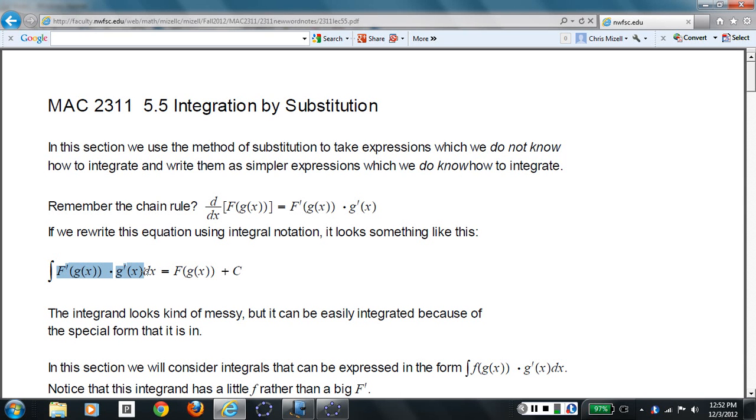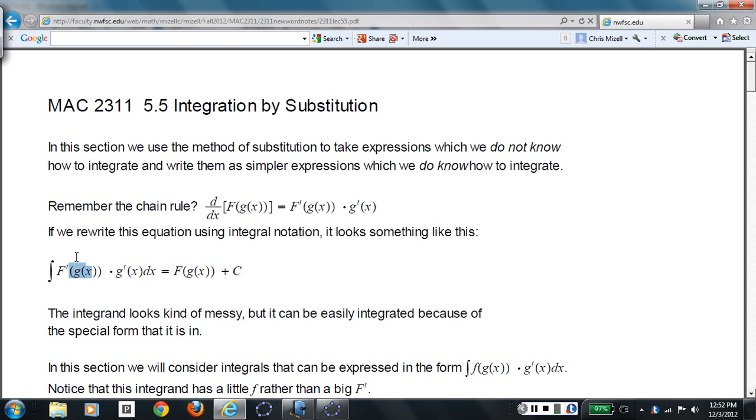So when applying integration by substitution, here's the situation we need. We need a function that could be written as the composition of two functions where the derivative of the inside function appears as a factor elsewhere in the integrand.